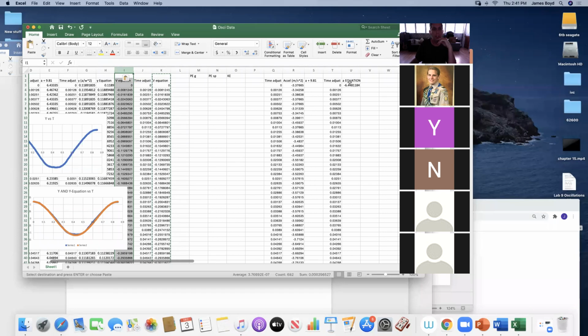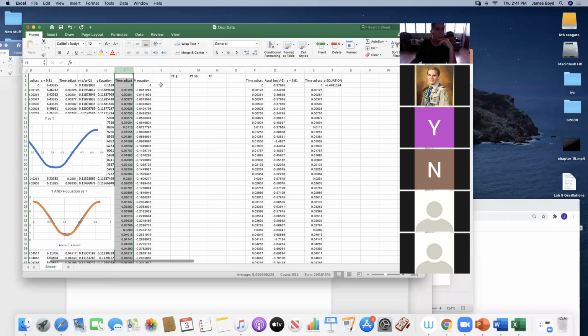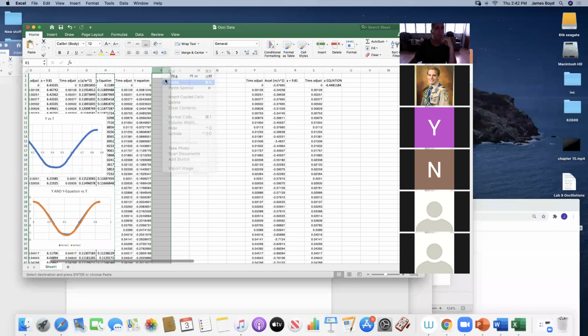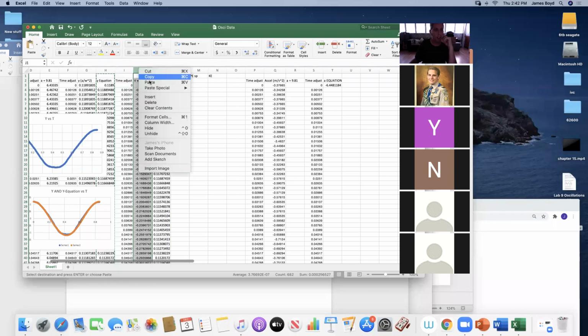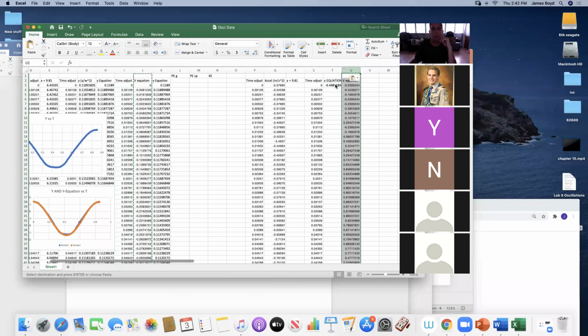Sorry, delete that. I want you to copy this column and paste it here. And then copy this column, paste it here, and drag this one down.